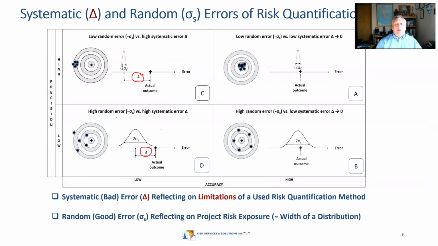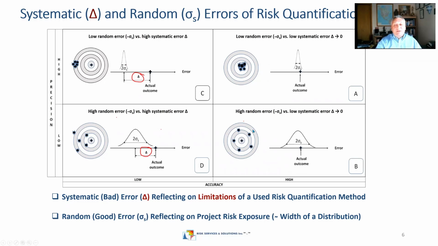So theory in terms of systemic and random errors is shown by those four quadrants. We might have very high accuracy of estimates, right? But we can have low precision and vice versa. So delta, this systemic error of estimating, shows that in those two cases, delta is so big that actually the curves we receive from our Monte-Carlo or any other analysis won't cover the actual outcome of the project.